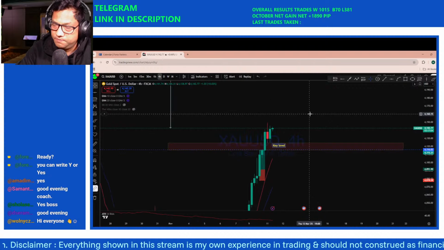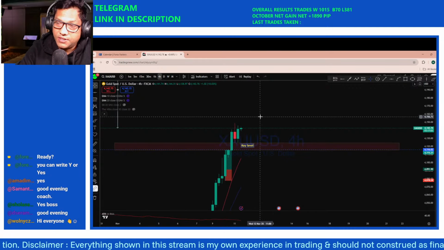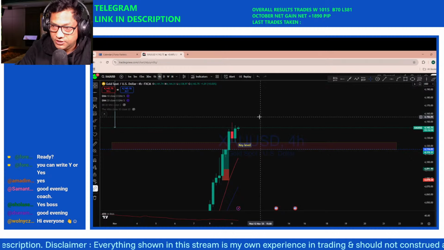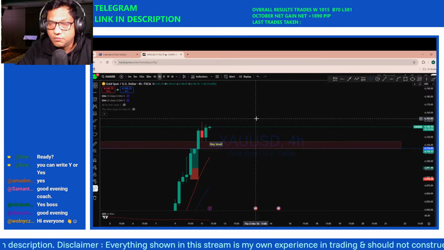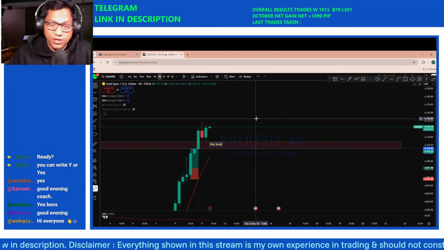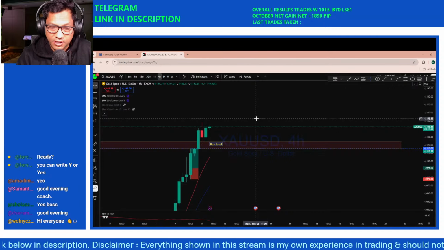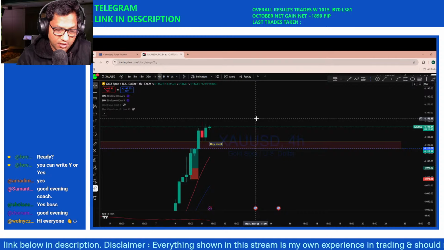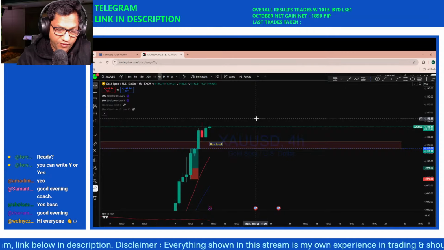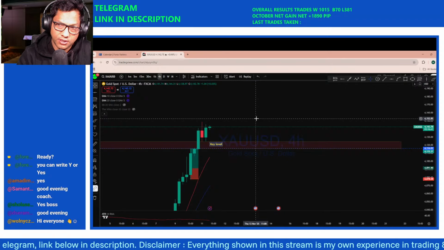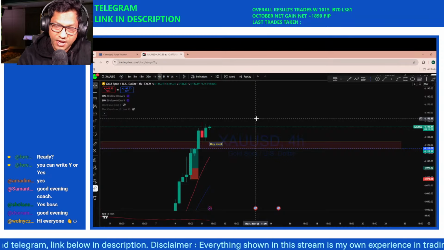Looking at multiple time frames will give you a bigger edge in the market, because that's where you can see how the market is doing on the higher time frame or the lower time frame in relation to the higher time frame supply and demand.